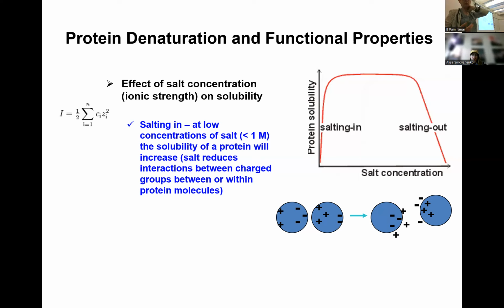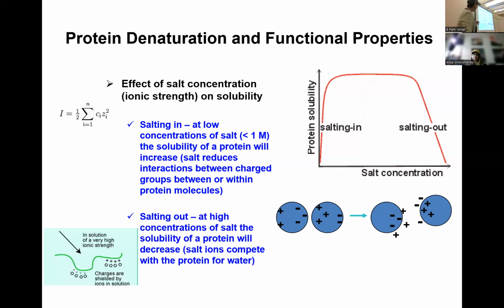So salting out is that shielding of the charges that can also cause intramolecular interactions, potentially unfolding, enhance hydrophobic interactions between the proteins, compete for water, and reduce the solubility of the protein.